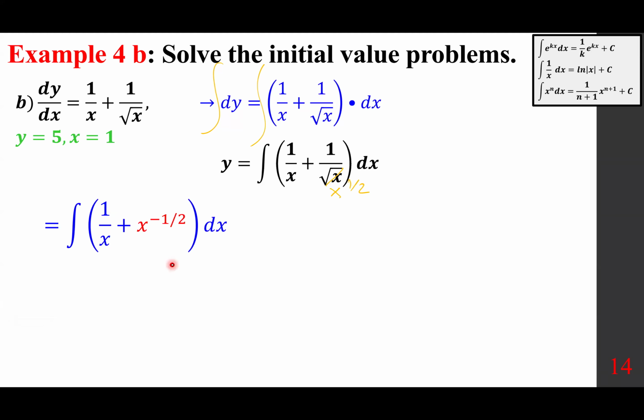So the first part, 1 over x, is simply a natural log. So this is ln of absolute value of x. This one, we use the power rule, 1 over n plus 1. So 1 over negative 1/2 plus 1, x to the power of negative 1/2 plus 1. And because we don't have anything else, now we say plus c.